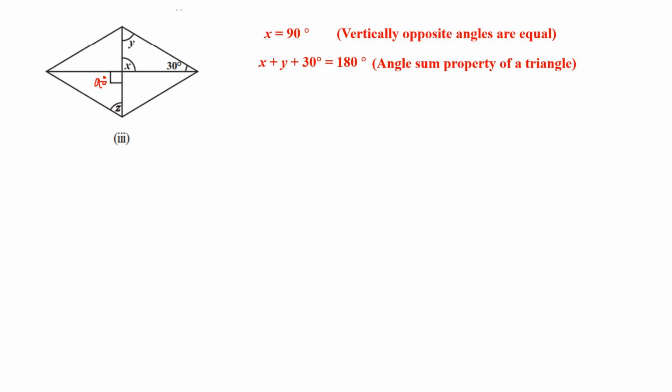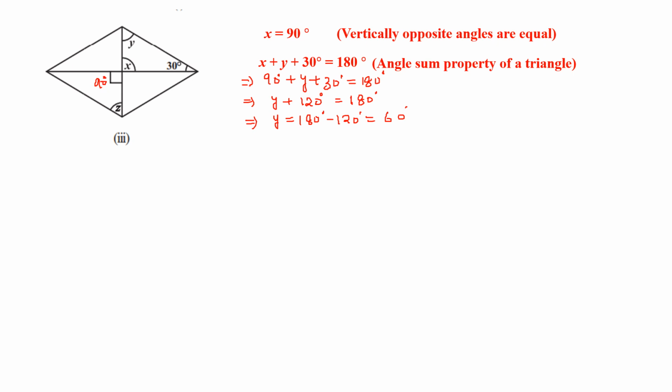So 90 degree plus y plus 30 degree is equal to 180 degree. And then 90 plus 30 will give me 120 degree, right? So y plus 120 degree is equal to 180 degree. So the value of y will be 180 degree minus 120, which will give me 60 degree, right?